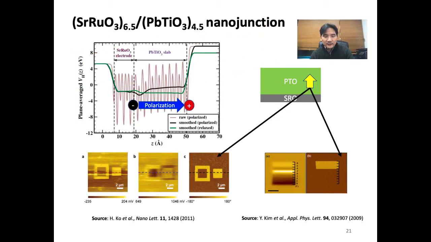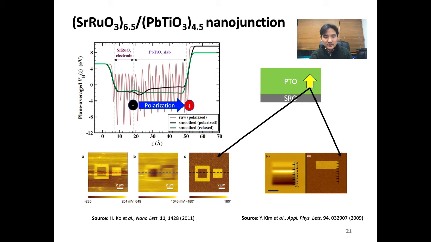So with that in mind, let's take a look at real-world examples and compare them with the DFT calculation. For example, if you think about SRO and PTO slabs put into contact to form a junction, we were able to see, in the polar case and the relaxed or non-polar case, how the polarization will be different inside the slab. If you take a look at the polar case, polarization is pointing from SRO to the air, the top layer.